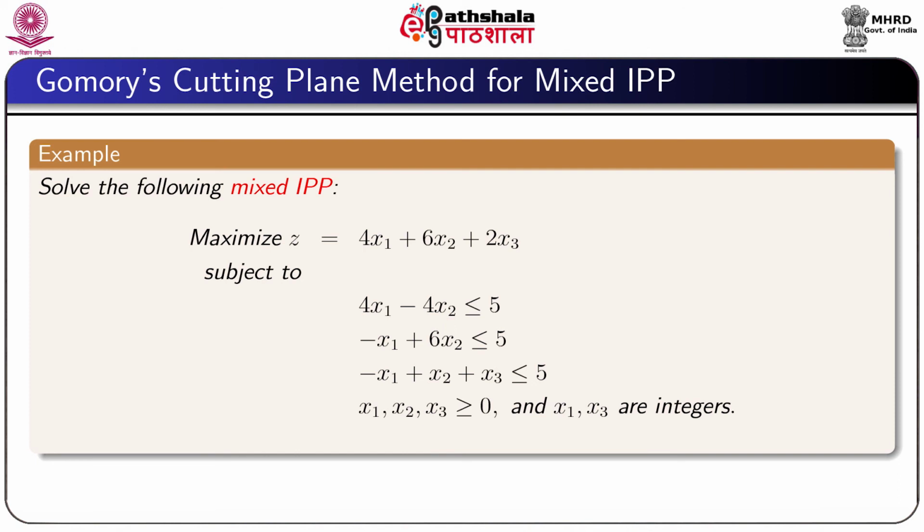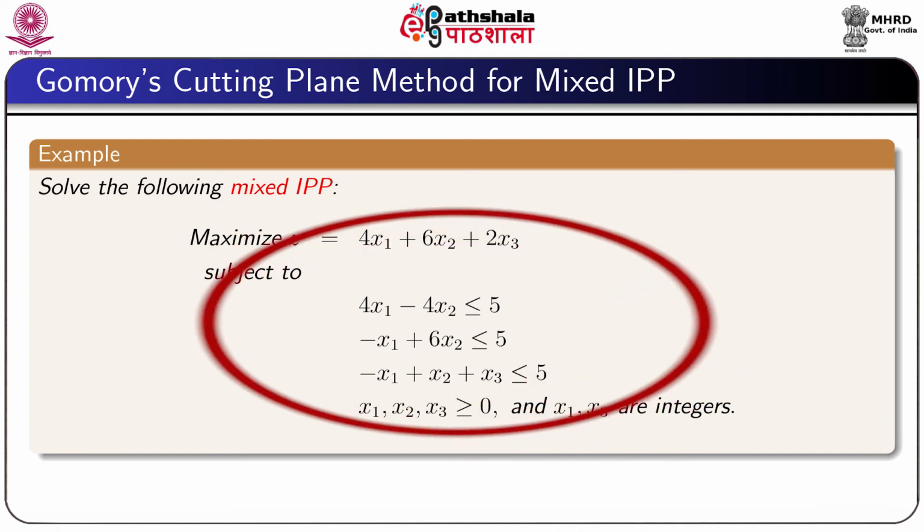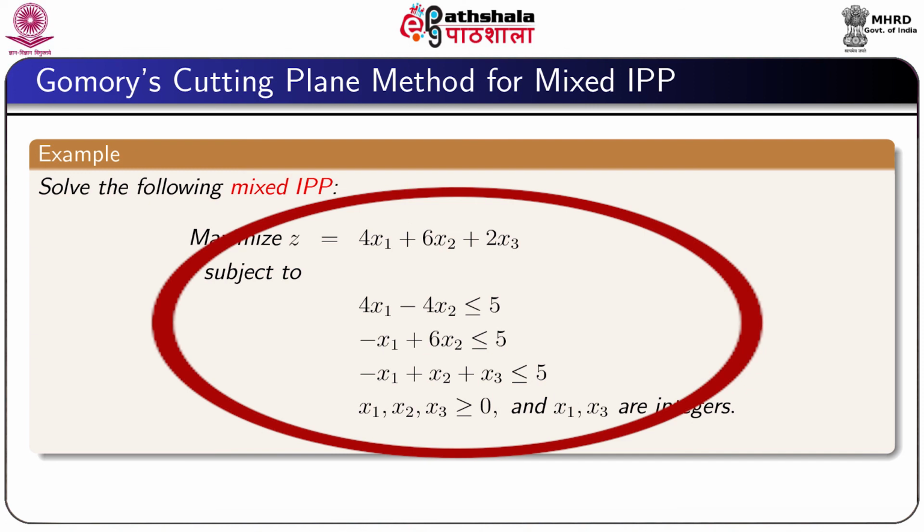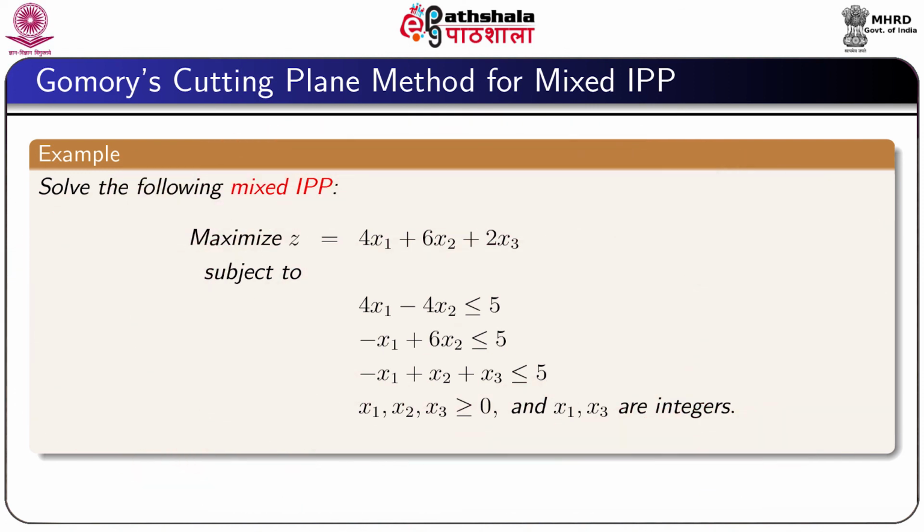Maximize z equal to 4x1 plus 6x2 plus 2x3 subject to 4x1 minus 4x2 is less than equal to 5, minus x1 plus 6x2 is less than equal to 5, minus x1 plus x2 plus x3 is less than equal to 5, where x1, x2, x3 is greater than equal to 0, and these two variables x1, x3 are integers, whereas x2 is free to take any non-negative value.